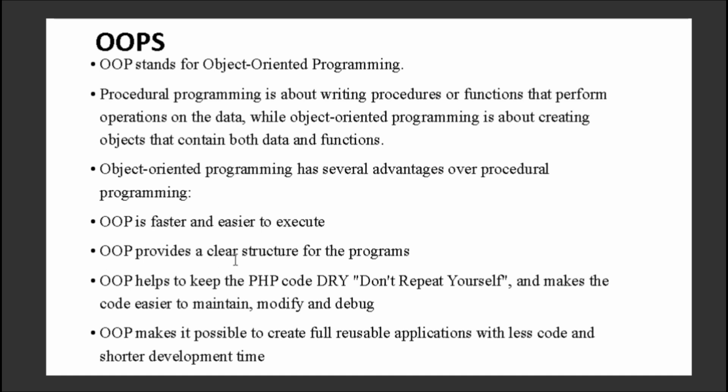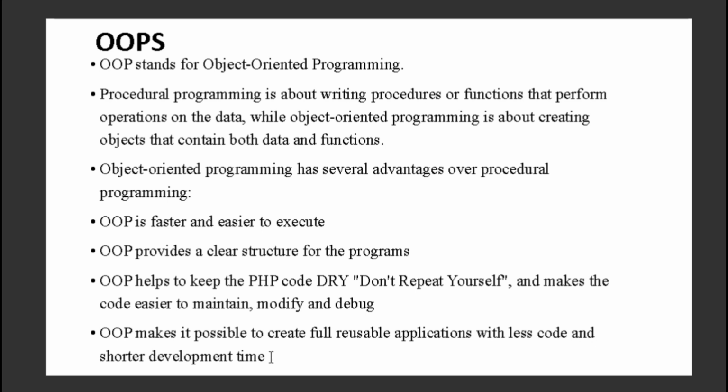OOPS provides a clear structure for the program. OOPS helps to keep the PHP code DRY, meaning don't repeat yourself, and makes the code easier to maintain, modify and debug. OOPS makes it possible to create a fully reusable application with less code and shorter development time.